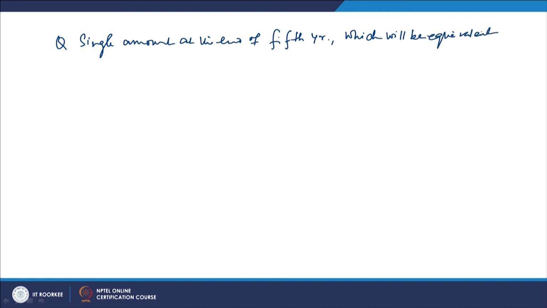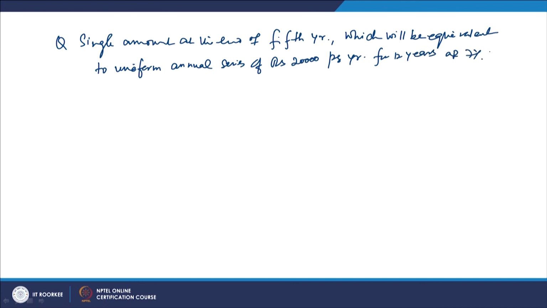Maybe we can solve one more question. Suppose you have a single amount at the end of the 5th year, which will be equivalent to a uniform annual series of rupees 20,000 per year for 12 years at 7% compounded annually.